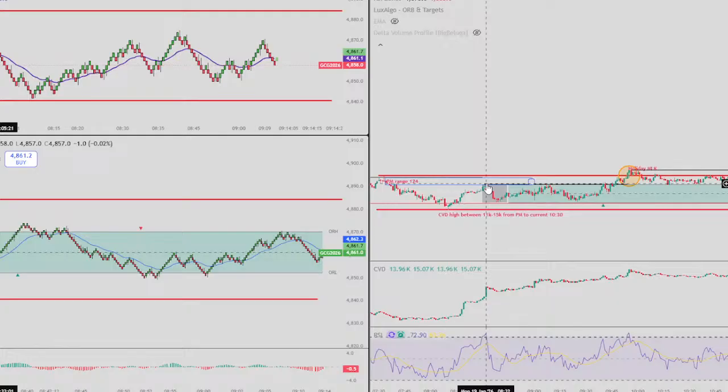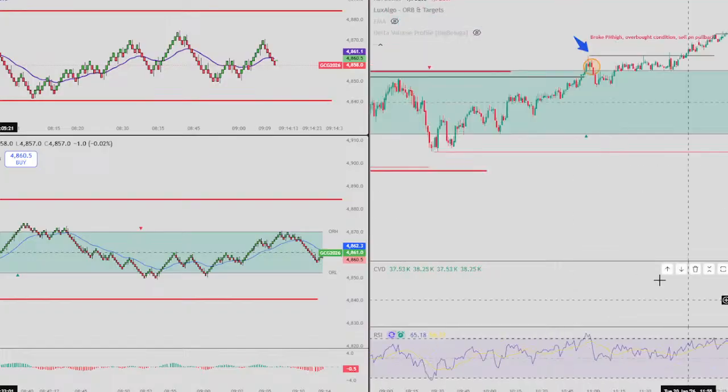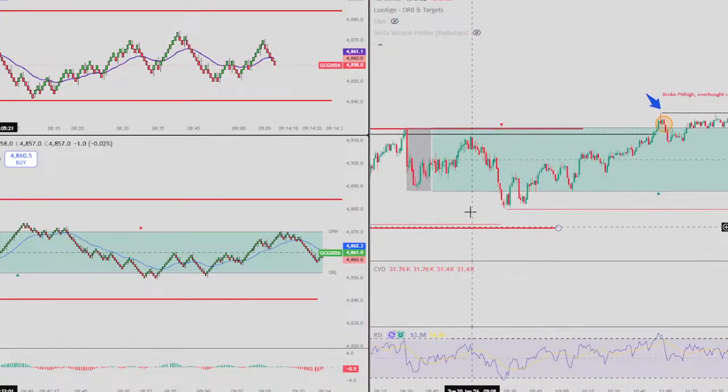But on the open, within the range. Actually, that was Monday, and then Tuesday is here. Created an oversold within the range.